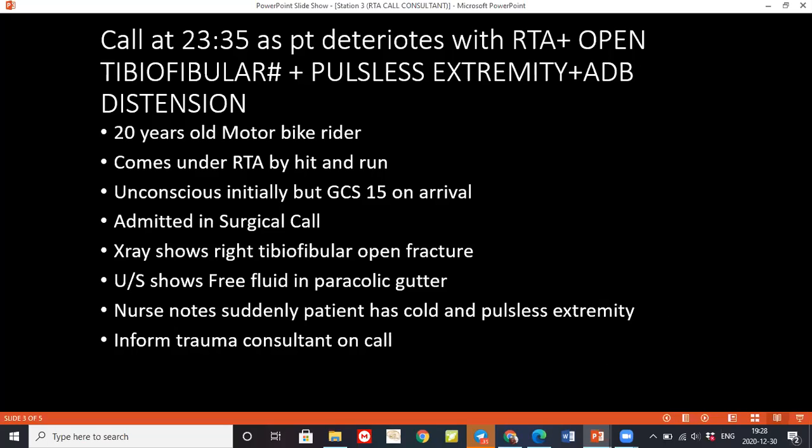But apart from that, the most urgent is the pulseless cold limb on the left side, for which I will need a vascular surgeon immediately. I'll also need to keep you in the loop, sir. Is the patient wearing a cervical collar? I'll have to confirm it because at the moment I don't know.